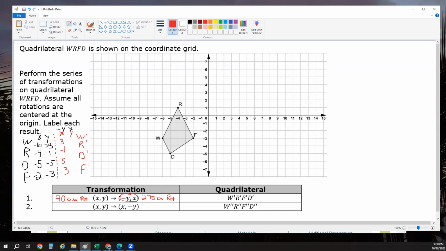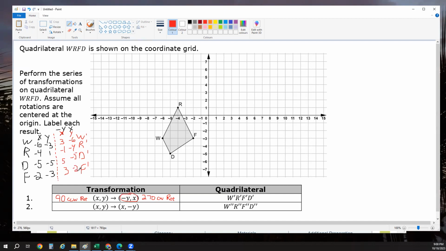All right, so over here, there's no negative sign in front of the X. So we're pulling from the X values over here for the Y values for a new point. So it's gonna be -6, -4, -5, and -2.